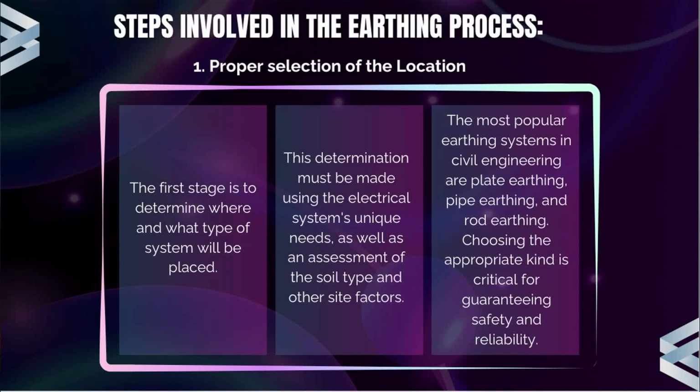This determination must be made using an electrical system's unique needs, as well as an assessment of the soil type and other site factors. The most popular earthing systems in civil engineering are plate earthing, pipe earthing, and rod earthing. Choosing the appropriate kind is critical for grounding system safety and reliability.